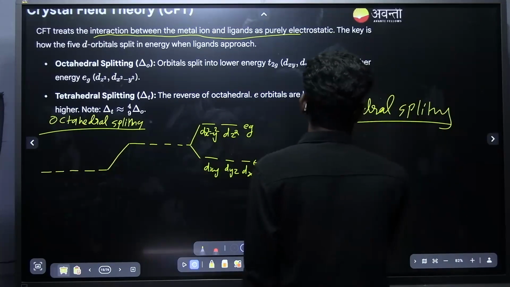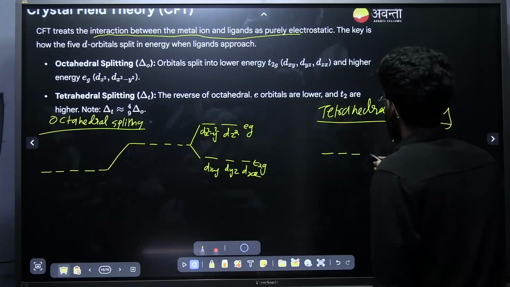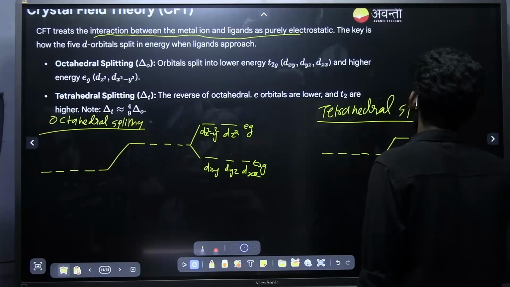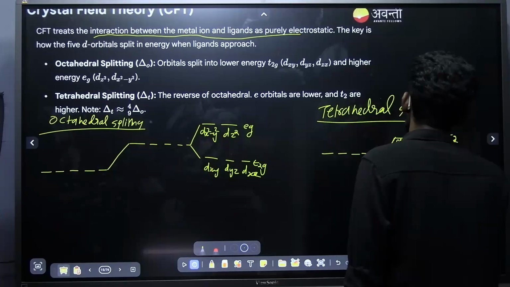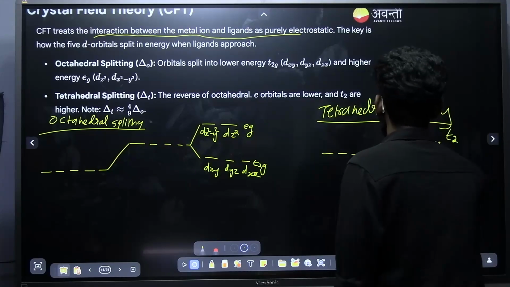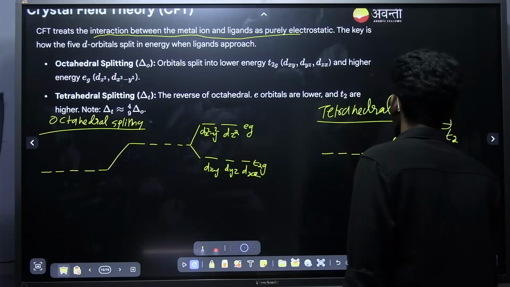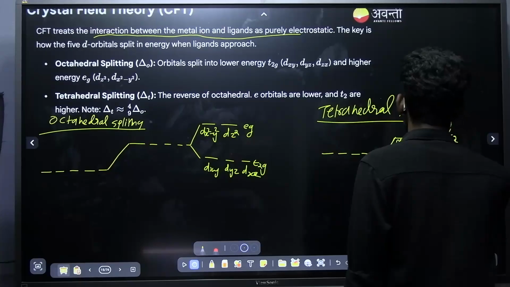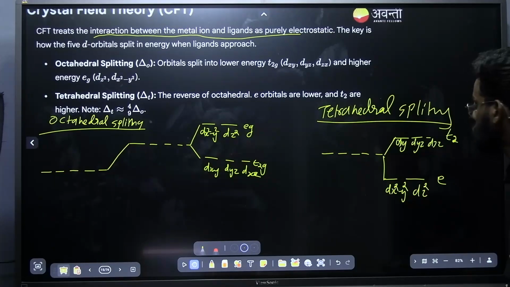But in the case of tetrahedral splitting, the non-axial d orbitals, dxy, dyz, dxz, that is the T2 orbitals, and here it is not mentioned as T2g, it is T2 only, will be higher in energy, and the E orbitals, dx square minus y square and dz square, will be lowered in energy in the case of tetrahedral splitting.